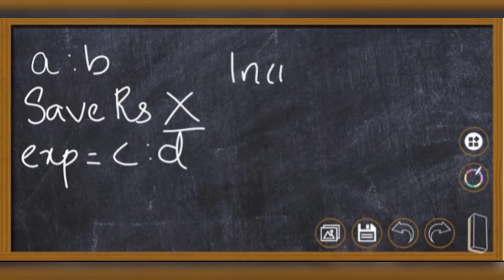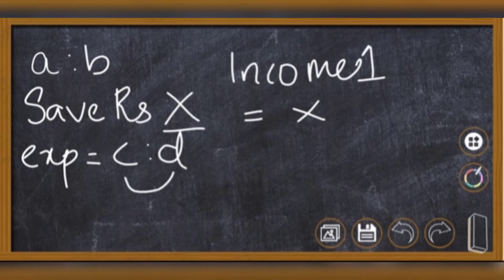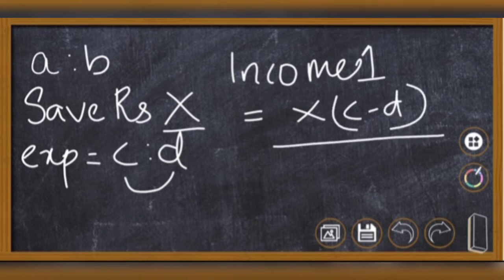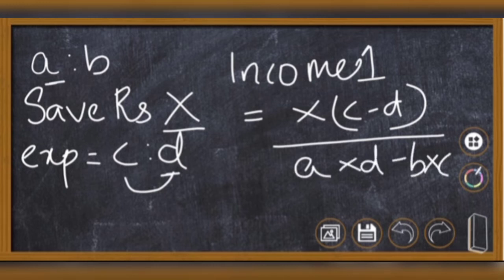So what will be the equation? Income 1 will be X into A into the difference between the expenditure ratios, that is C minus D, divided by the cross product of the ratios, that is A into D minus B into C. Actually this is a common part of the two incomes: X into C minus D divided by AD minus BC.